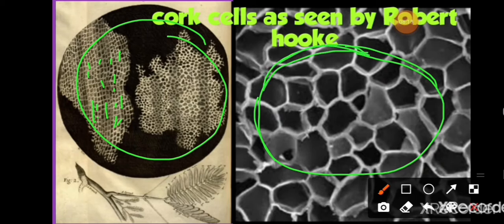Not Antony van Leeuwenhoek, Robert Hooke named this structure as a cell. These are the tiny cells. And this term cell is derived from the Latin word cellula and its meaning is small room or small compartments. Is it clear?